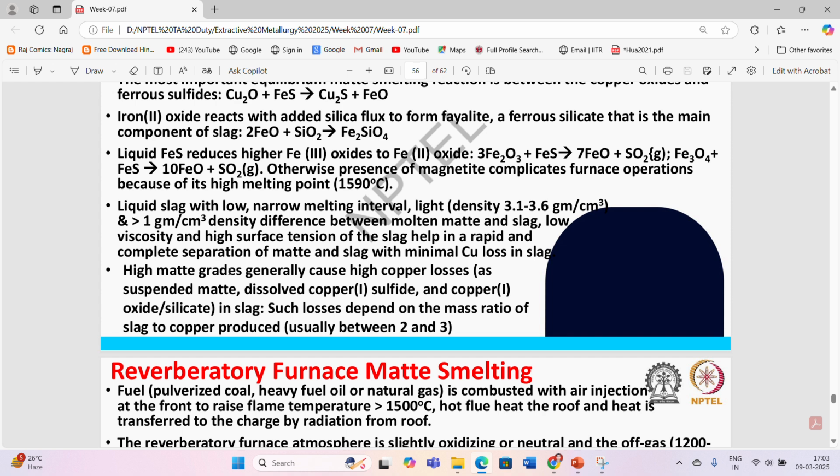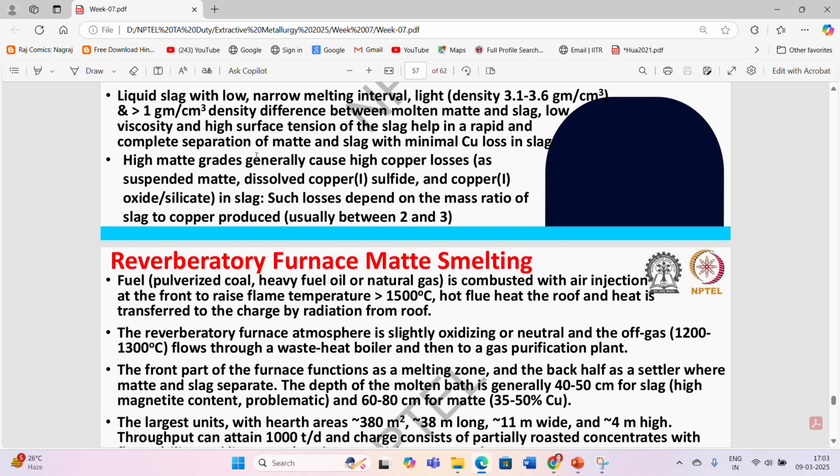So majorly this iron is getting converted into iron oxide, and with the help of silica as a flux material, it is getting converted into fayalite, which is Fe2SiO4, and it is getting reported into the slag phase.